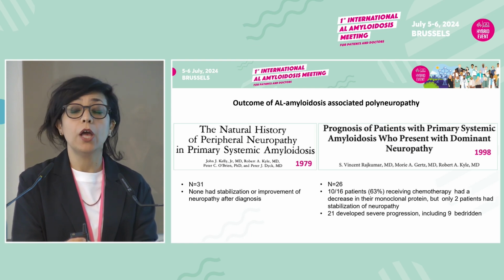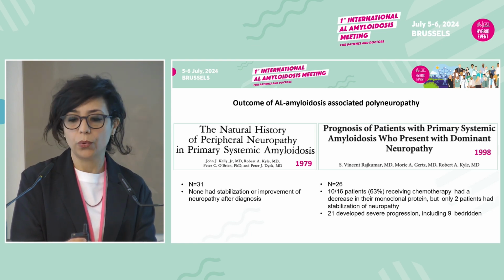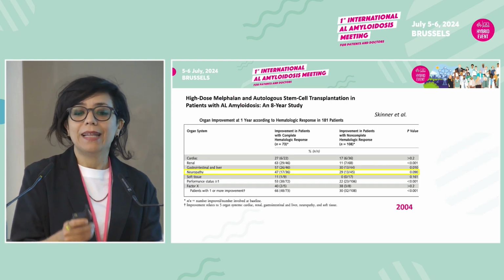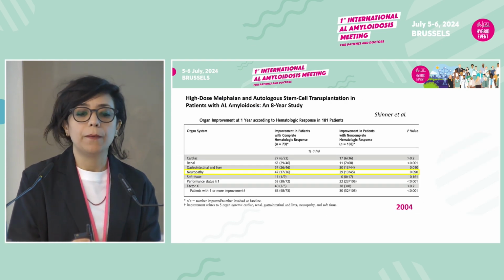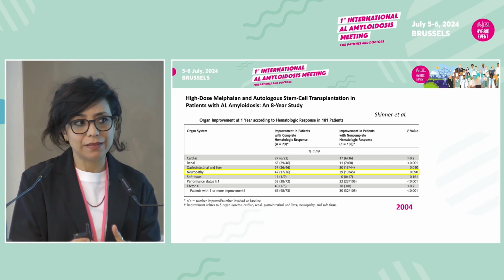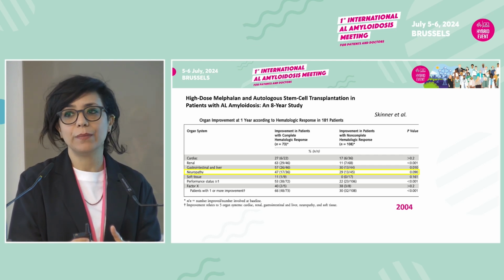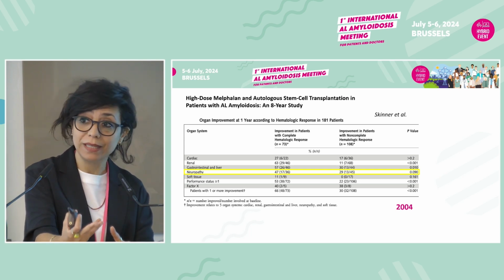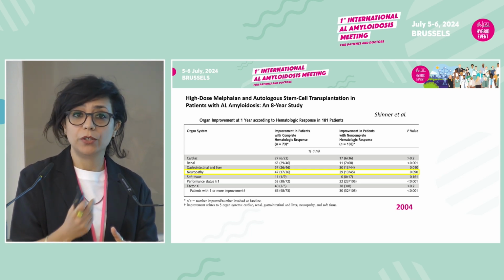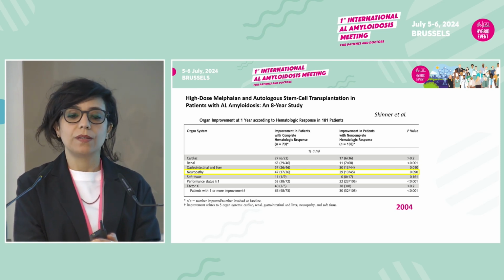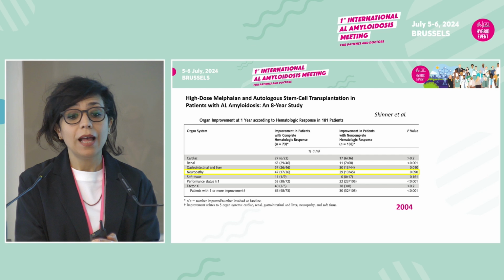Twenty years later, also in a small cohort, we have two patients that presented a stabilization, and in 2004, these are not significant results, okay, but we already have some improvement, with stabilization of polyneuropathy in patients that were treated with autologous stem cell transplantation.